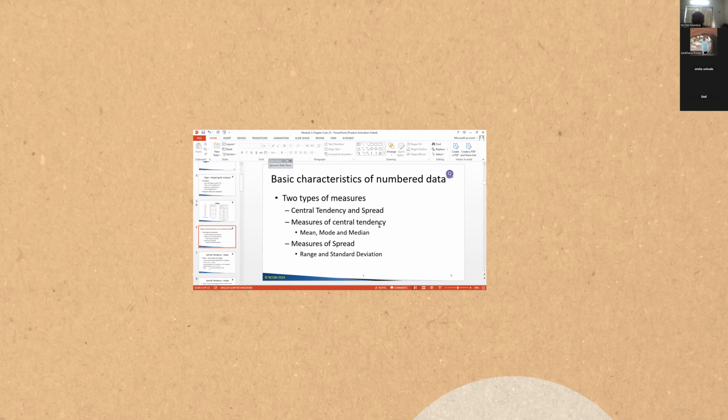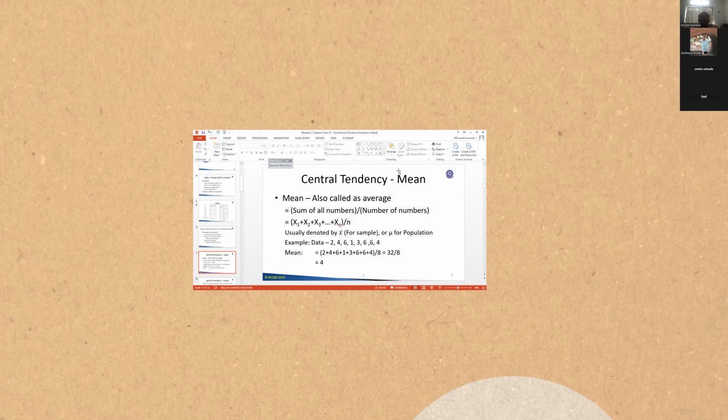And measures of spread, as we said, are range and standard deviation. So let's find the standard deviation for this data set. Are you able to see the PPT here, the data on the screen? Okay.